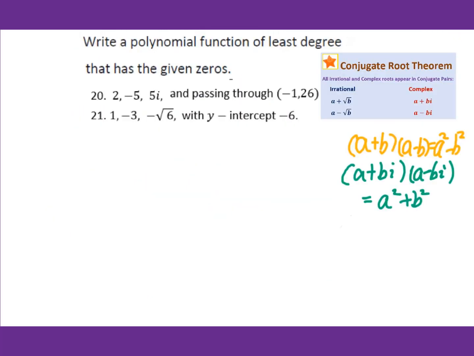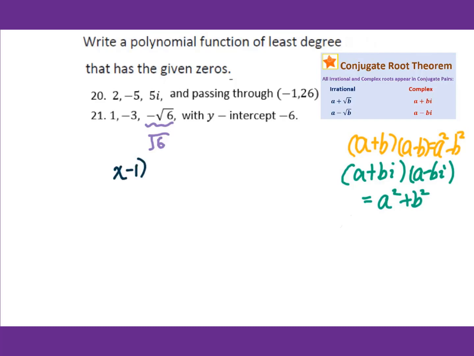Now let's go to 21. 1, negative 3, negative square root of 6 are the roots, with y-intercept negative 6. First of all, we know the conjugate root theorem, and square root of 6 is also a root. We will write down the factor form for each root.